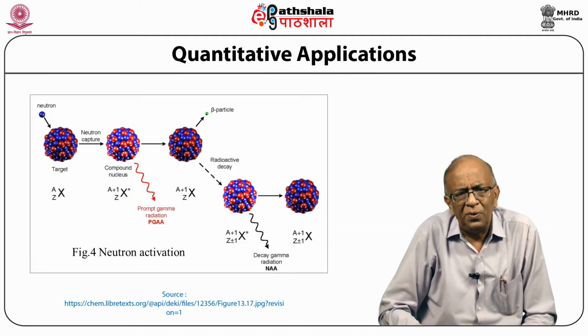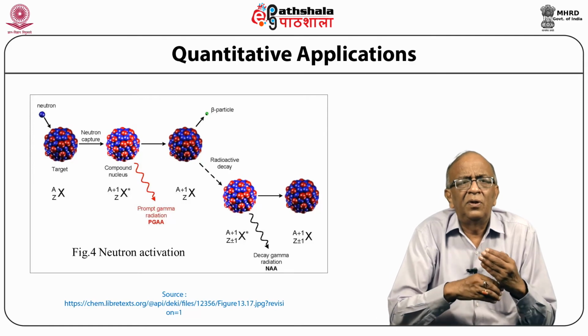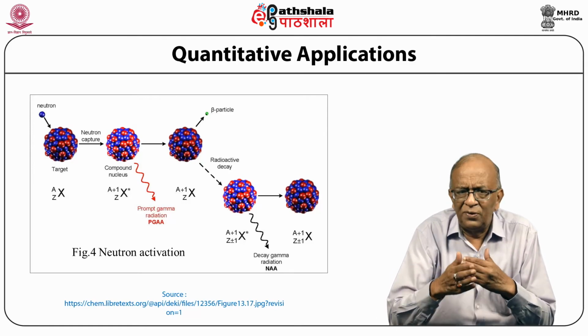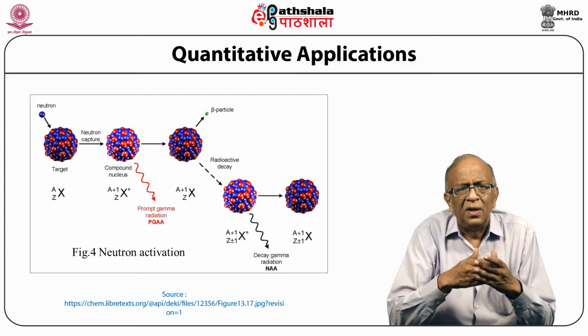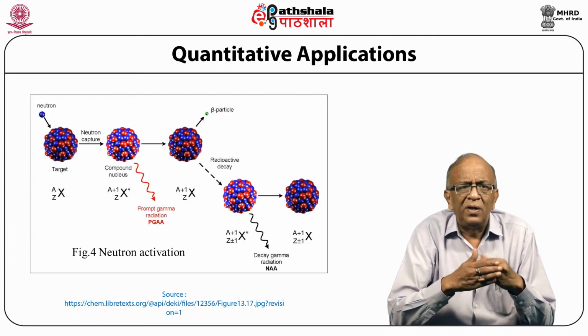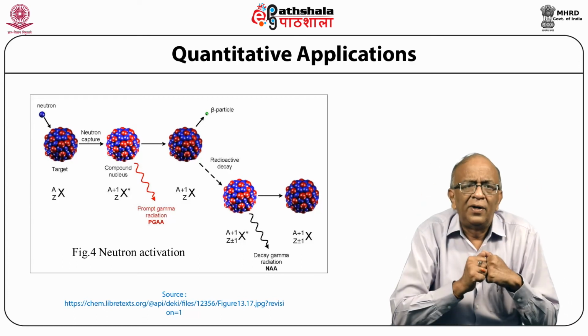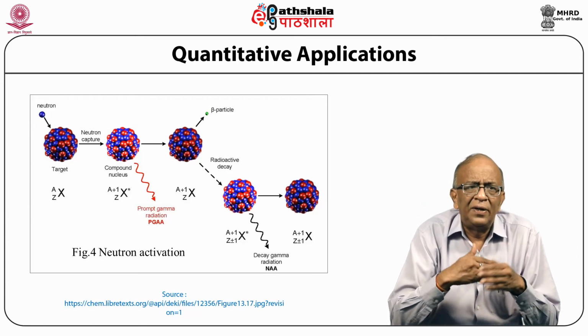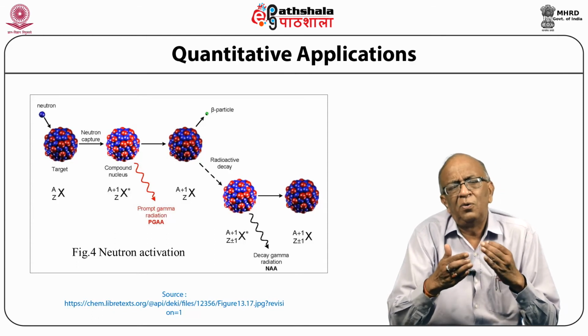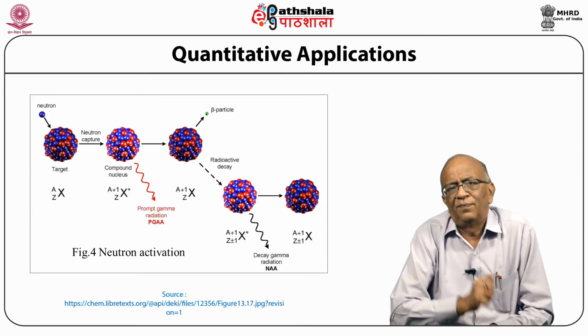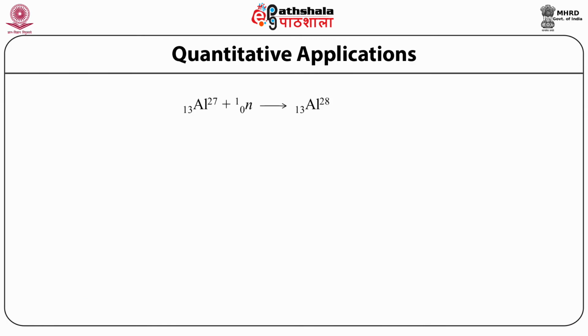In figure 4, neutron activation analysis is shown: how a target is bombarded with neutrons and what changes take place sequentially in the target, and this is the basis of neutron activation analysis. Aluminum-27, after absorbing a neutron, is converted to aluminum-28.